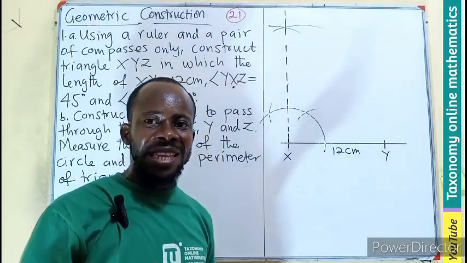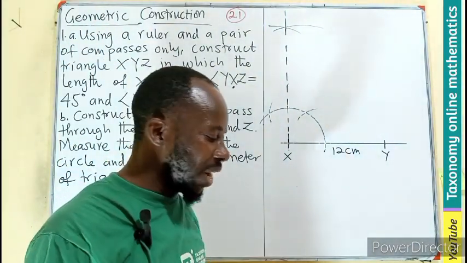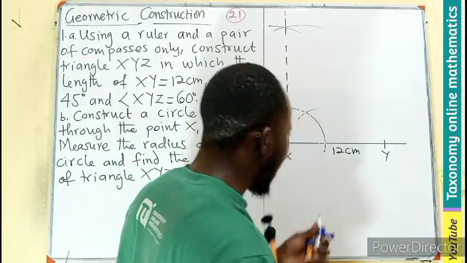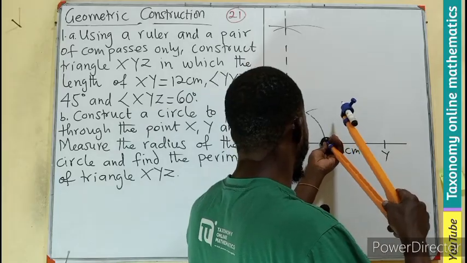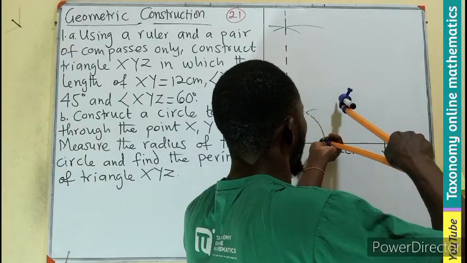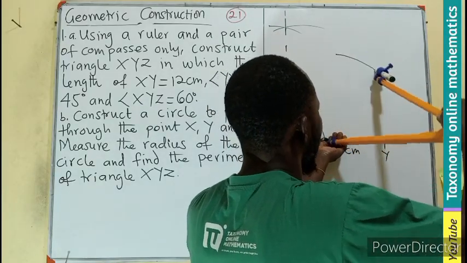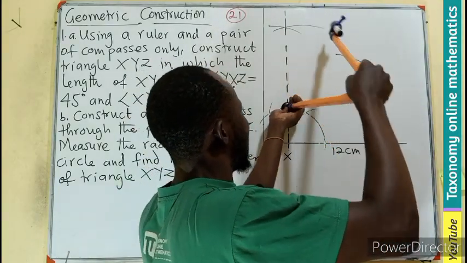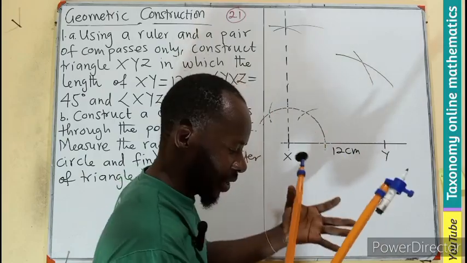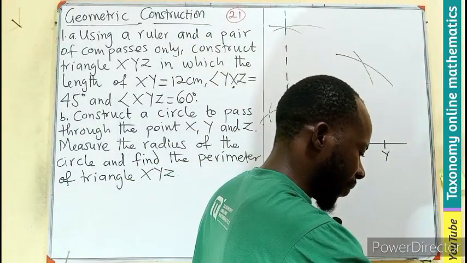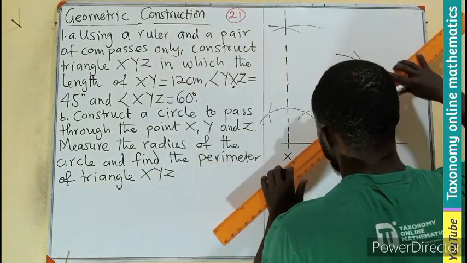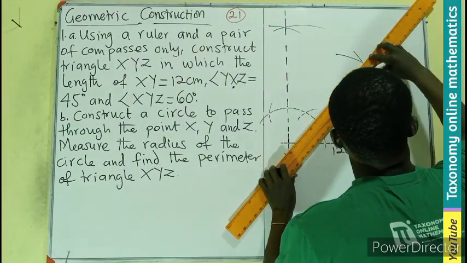Now let's bisect the 90 degrees to get the angle 45. We stand at this point, open a radius, make an arc, come back to the line that makes the 90, and make an arc. These two arcs intersect to give us our 45 degrees.